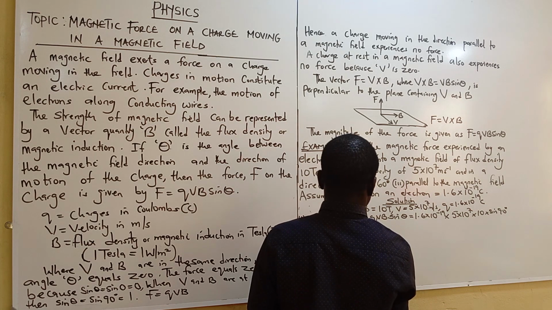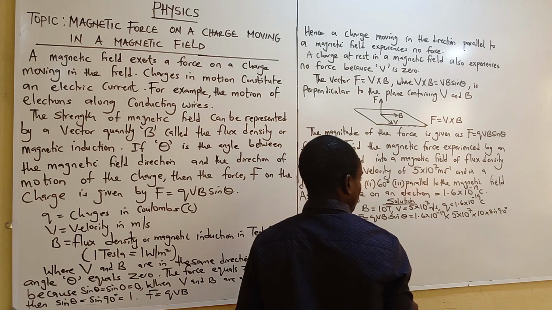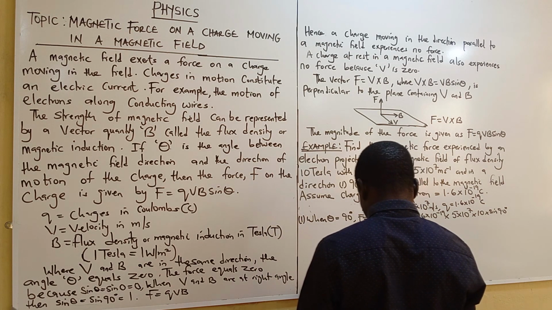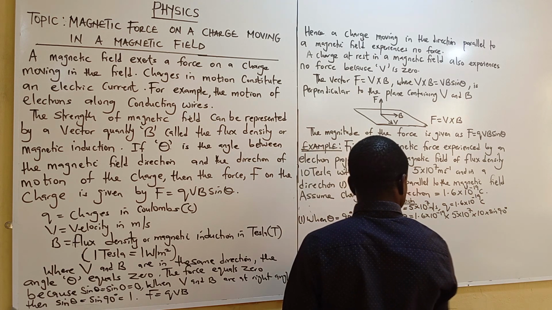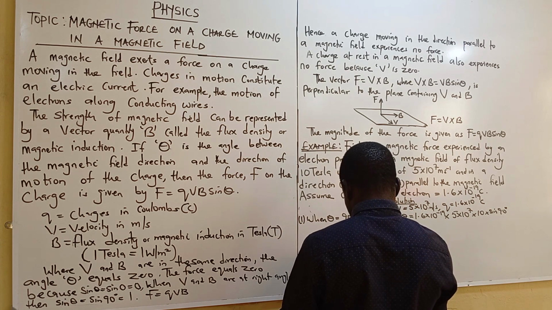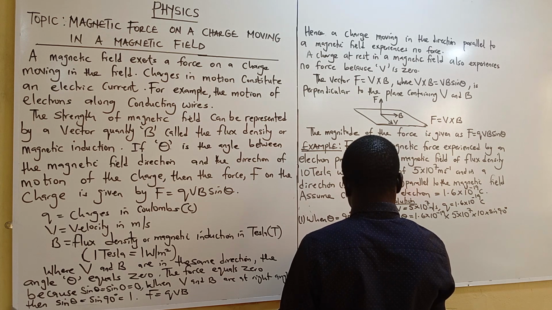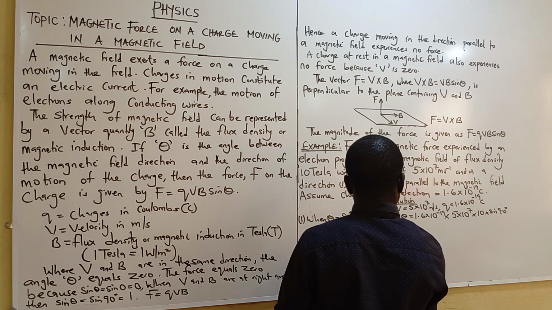Now F, when you press your calculator, 1.6 times 5 times 10 gives 80.